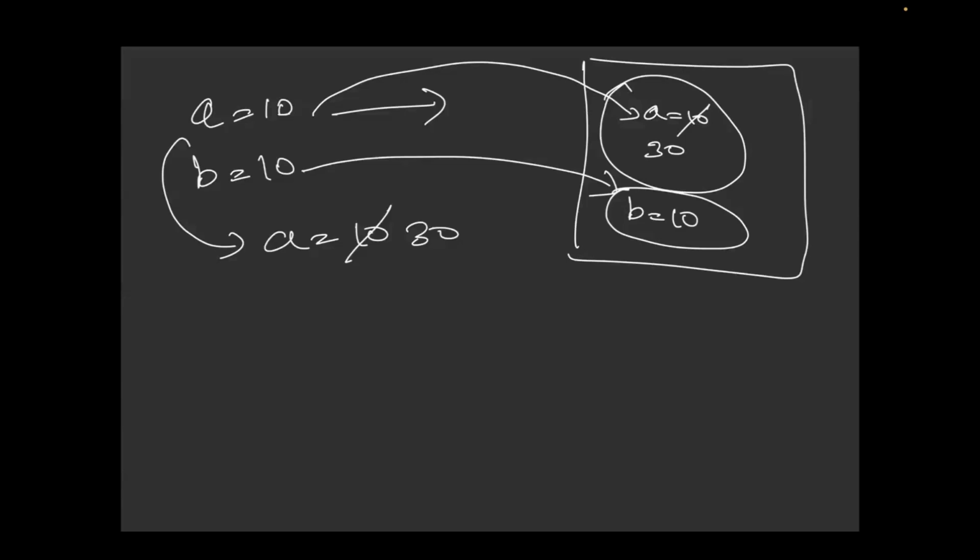Understood now? Yes, sir. In this case, the ID remains the same. ID of A stays the same. So this is a sample use case of how a variable stores our data.